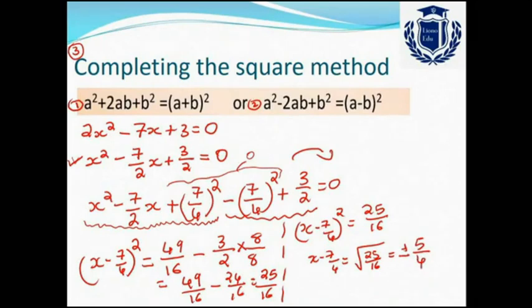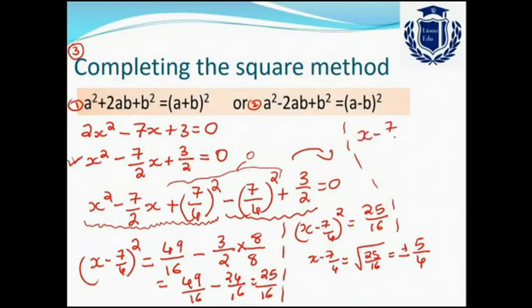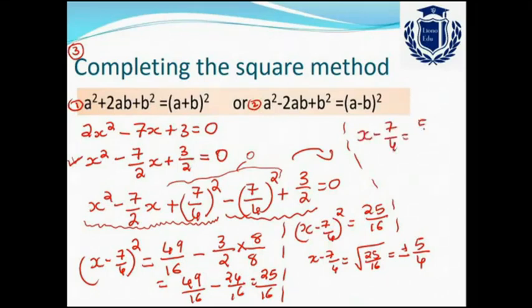Correct? Now you wanted to find the two values of x. So listen very properly. First I consider x minus 7 by 4 is equal to 5 by 4. So x is equal to 5 by 4 plus 7 by 4, that is 12 by 4, which is equal to 3.